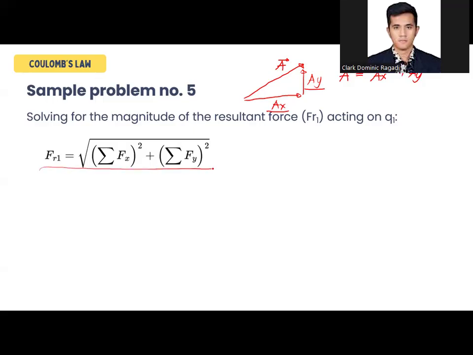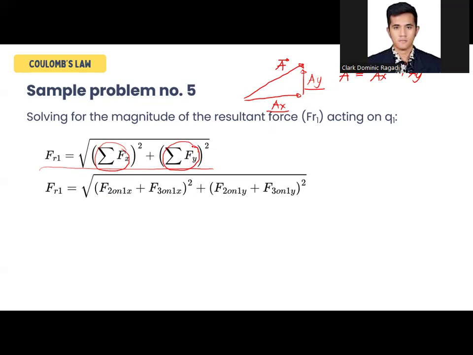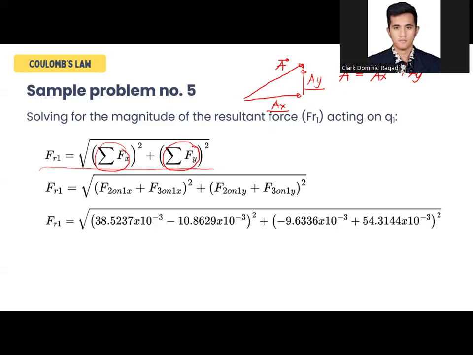We just added a summation function here because we're going to add the x components of F2 on 1 and F3 on 1, and the same with the y components of F2 on 1 and F3 on 1. So we have there the sum of the x components and the y components. Let's input what we have calculated earlier.